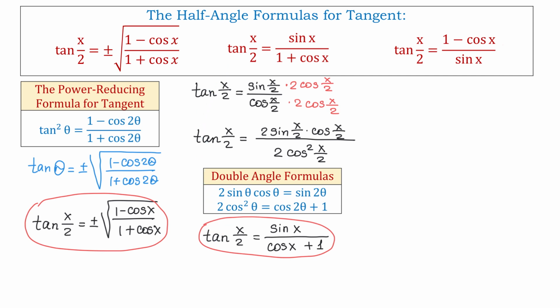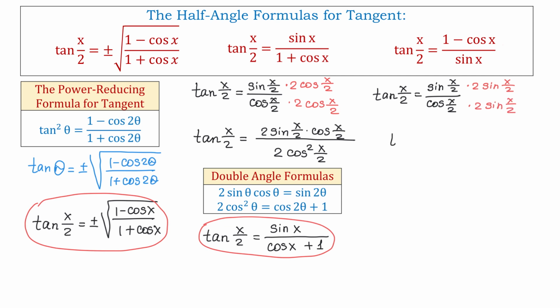Now, in the last formula, again we will start with tangent of x over 2, and we will write it as sine of x over 2 over cosine of x over 2. And here we will multiply both the numerator and the denominator by 2 sine of x over 2.